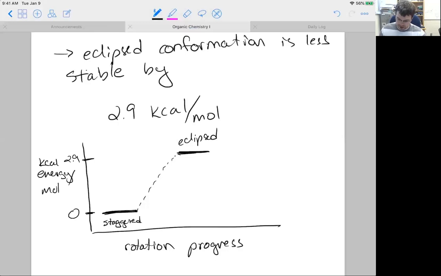And so what is this dotted line? This dotted line represents a 60-degree rotation. What I can do is continue on with another 60-degree rotation, and that brings me down to another staggered conformation. So we're going to have a second staggered conformation by way of another 60-degree rotation.